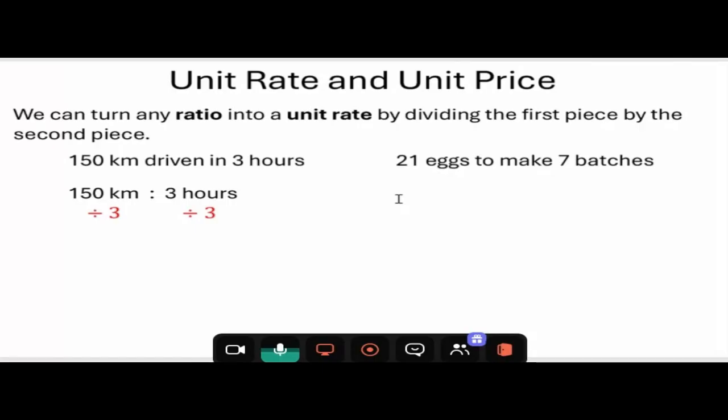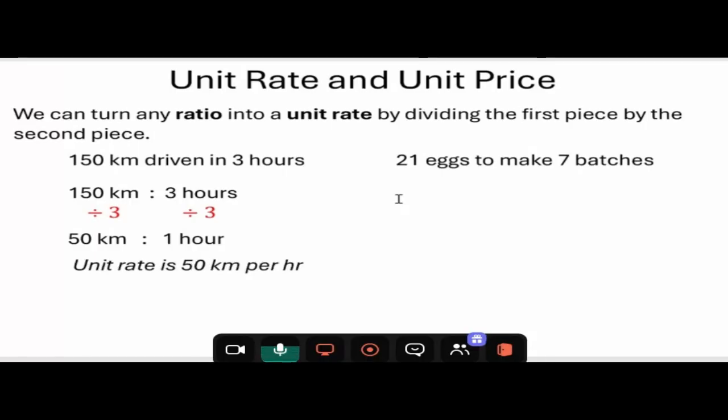In other words, divide them both by 3. And that becomes 50 kilometers per 1 hour. That is now a rate, 50 kilometers per hour. So if they asked you for the rate, this last sentence here is what you would say. You get there by looking at the ratio and dividing it down so the second piece is equal to 1.